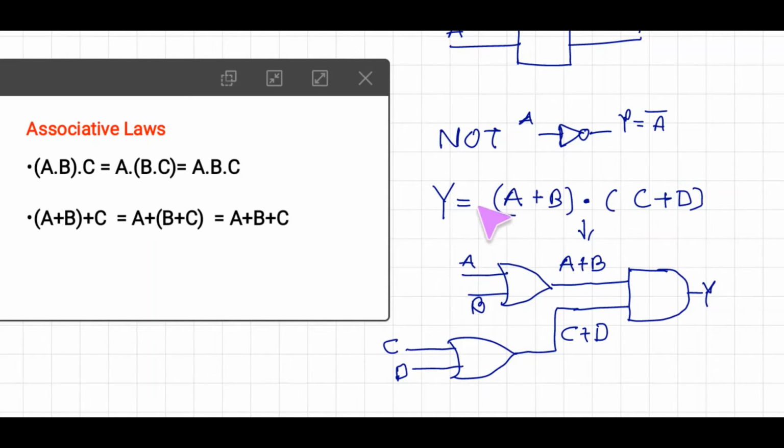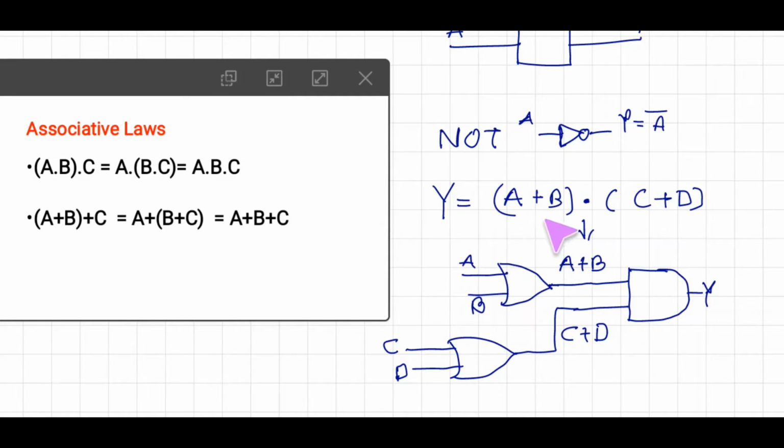So this Boolean expression is a combination of certain logical operations, and from it we can draw this kind of logical circuit.